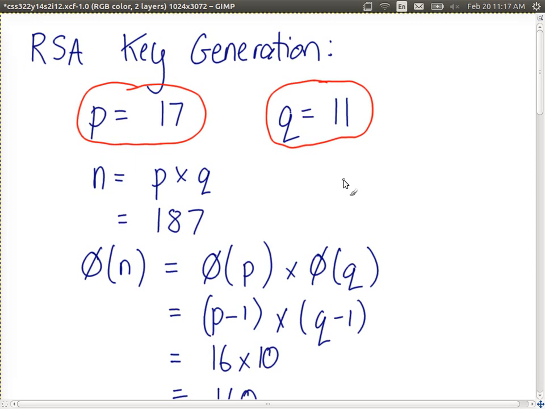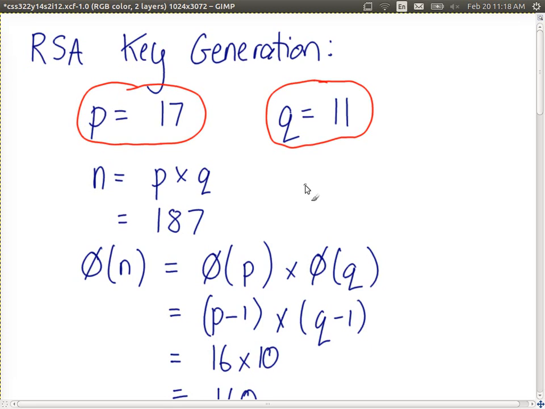So with 187, yes, we can. I give you 187, you'll find P and Q is 17 and 11. But if I give you an N which is 4,000 bits long, then give you the task, go and find my P and Q, you won't be able to do it. Because it would take millions of years or millions of centuries to do so. So when we move to the secure version, we'll use larger numbers.